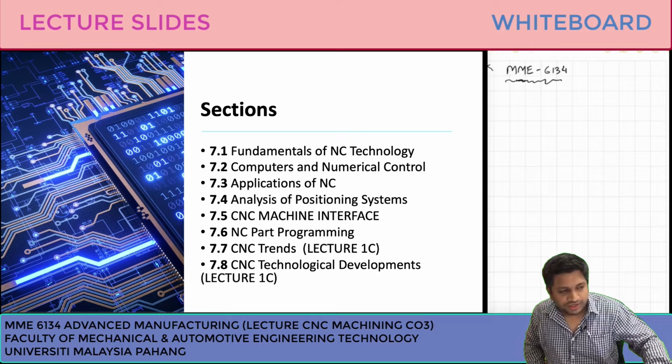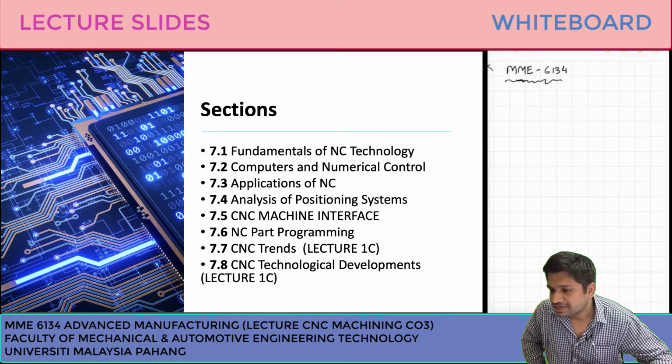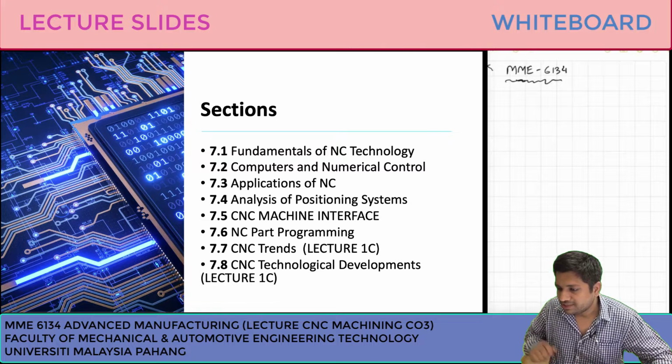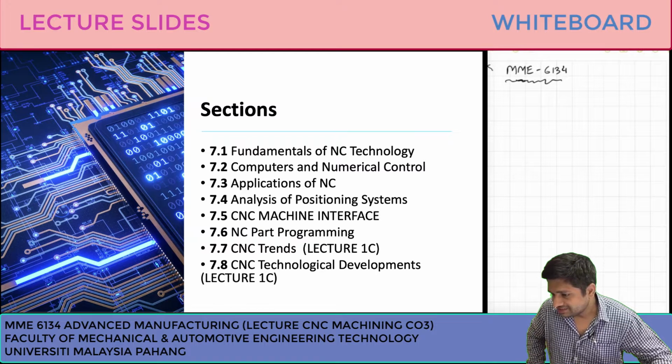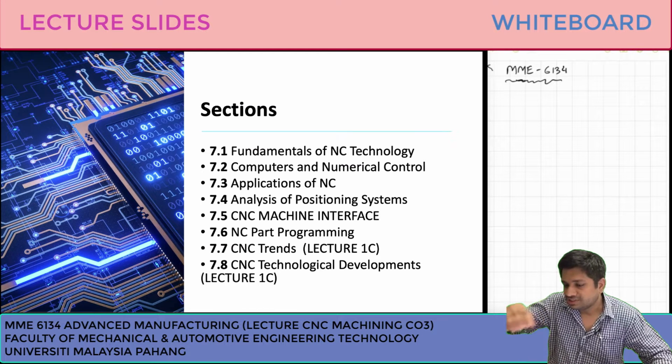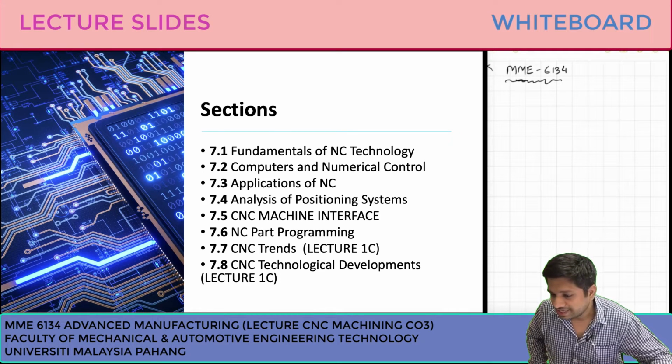So what we are going to learn in today's lecture is fundamentals of the NC or numeric control technology, computer and numeric control, applications of NC technology, analysis of positioning system, how do we position the systems in this CNC technology, then CNC machine interface, how the machine looks like.